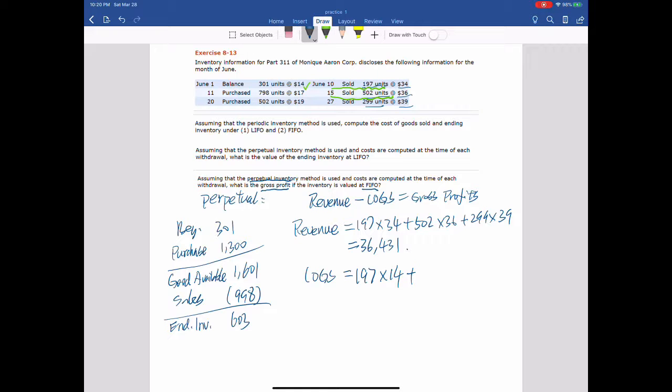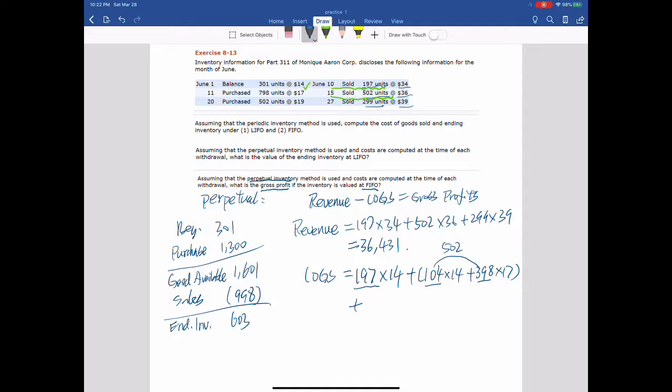Because of first in, first out, of the beginning inventory only 197 were sold, so there will be 104 units left. The cost of beginning inventory is $14. We still need 398 because the second sale includes 502 units. The 104 is from the beginning inventory, and this 398 should be from the first purchase. The cost is 17.